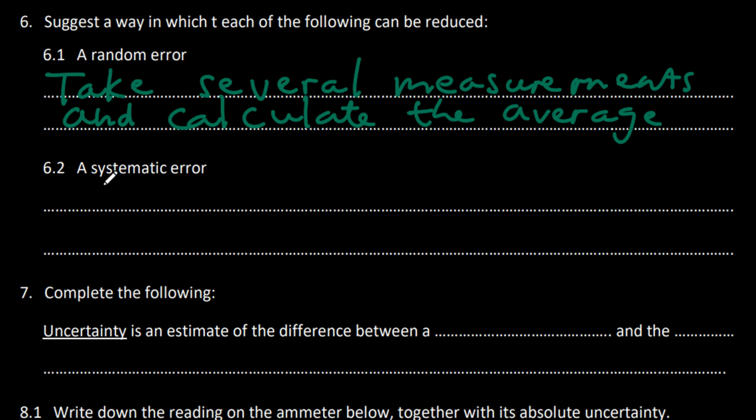Then how can we reduce a systematic error? A systematic error can be reduced or minimized in two ways. Firstly, we can recalibrate the instrument.